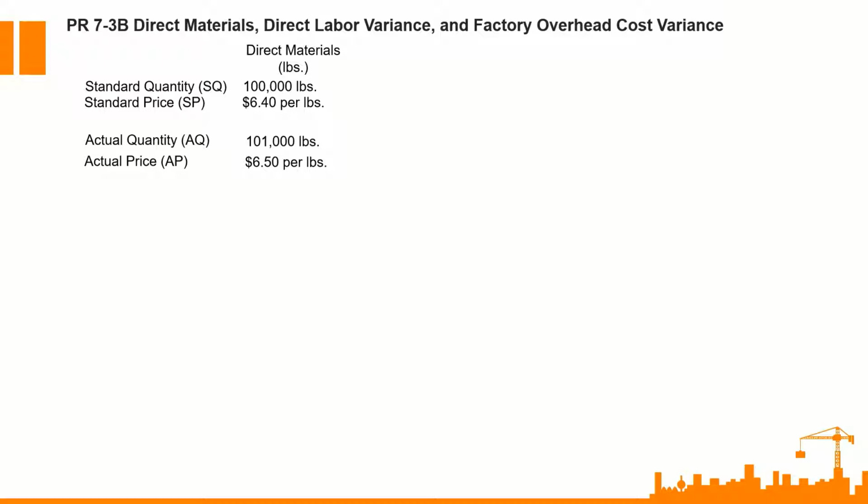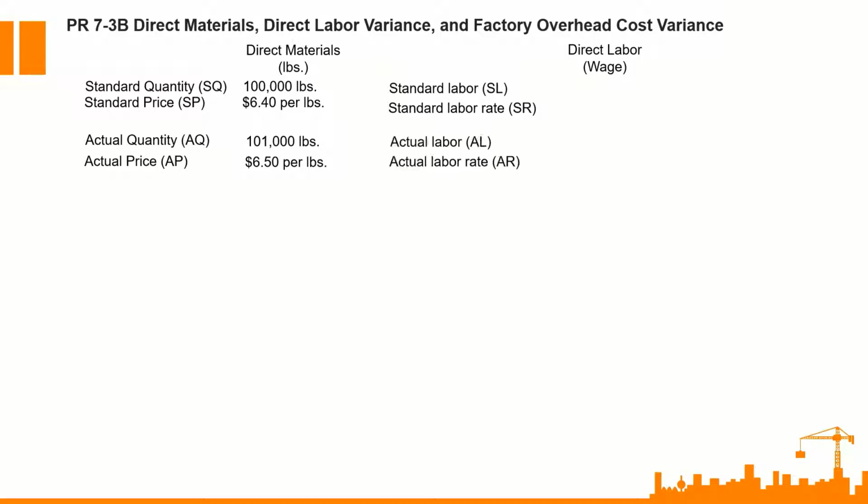Let's go to direct labor. Direct labor, we need to find the standard labor and the standard labor rate, and the actual labor and the actual labor rate. Let us fill in again the information given by the problem. Standard labor is at 2,080 hours at $15.75 per hour, and the actual labor is 2,000 hours at $15.40 per hour.